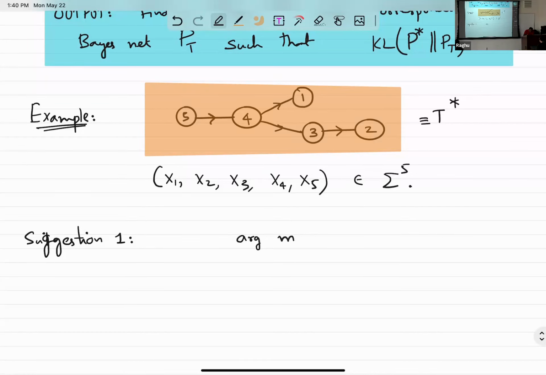Actually, let's work with that. You want a tree, so you're enumerating over trees, but also given a tree, there are different conditional distributions you might have, right? And then you'd say argmax over distributions with T as the Bayes net.